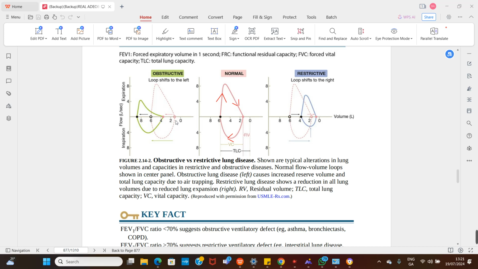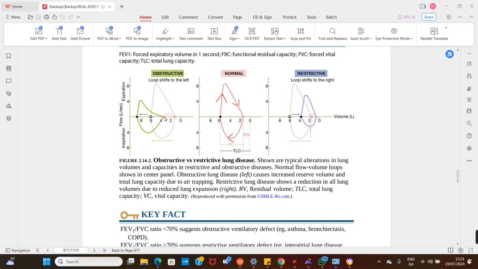Now, if you look at this graph, this is a normal curve. This is the one representing the obstructive lung pattern. So we can see that the residual volume has increased from 0 to about 3.8. It has shifted to the left, 3.8.